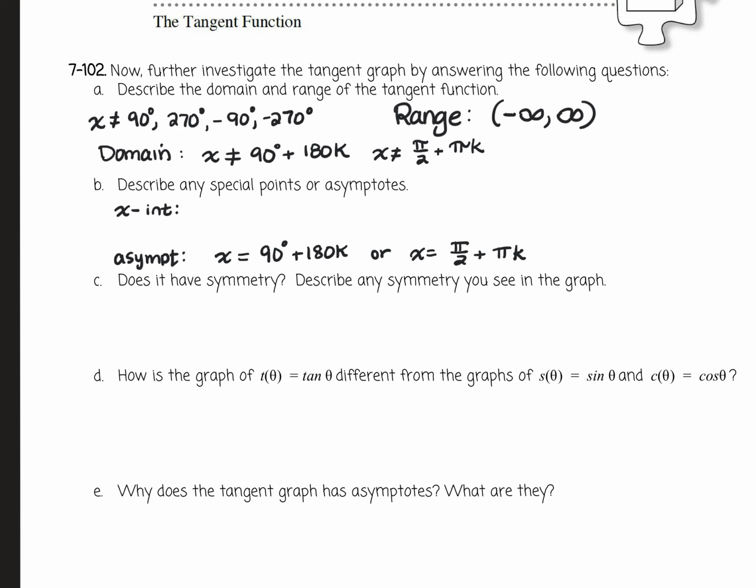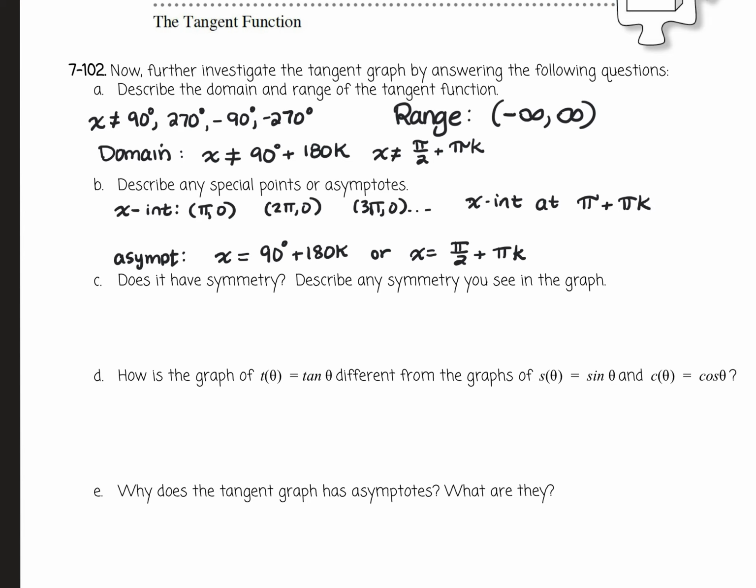If you look at your graph, you have x-intercepts at 0, 0, at pi, 0, at 2 pi, 0, at 3 pi, 0, and so on. So our x-intercepts happen at pi times k.